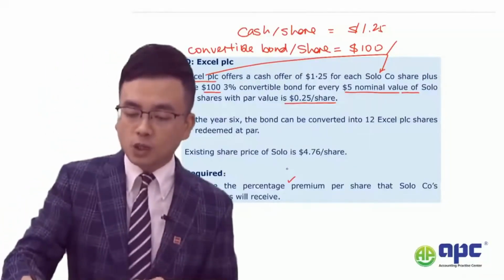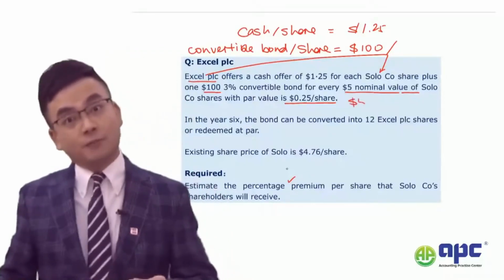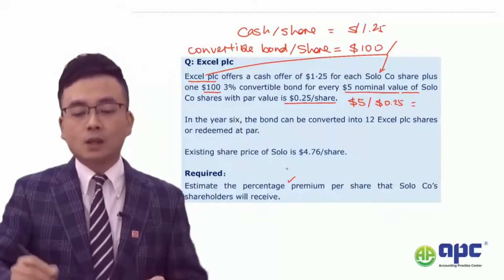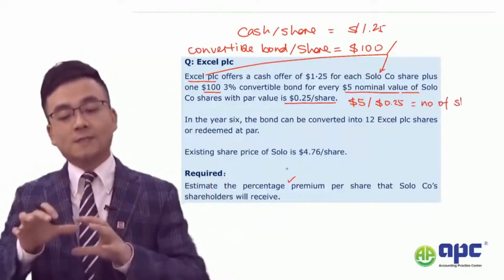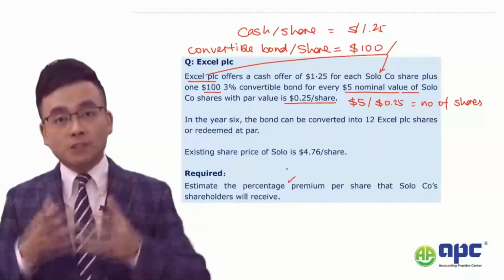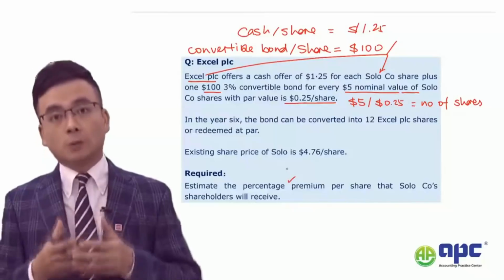So $5 worth of shares over the $0.25 for each share, and that can calculate the number of shares. Because as we can see, for every $100 of a convertible bond for $5 nominal value, that would be written into the purchase agreement when we buy the Solo company share.